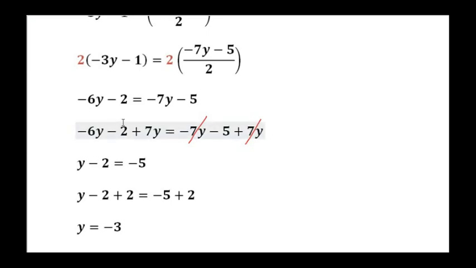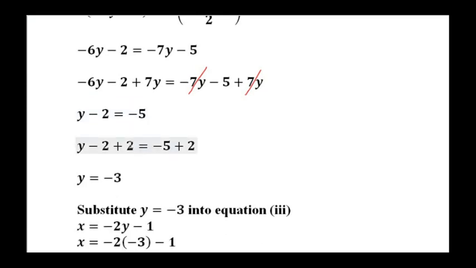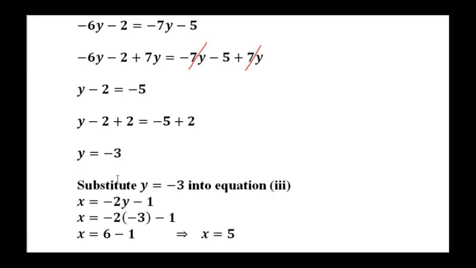To simplify further, I will add 7y to both sides of the equation. We get y - 2 equals -5. And now let's add 2 to both sides of the equation. We get y equals -3. Now we have found the value of y.